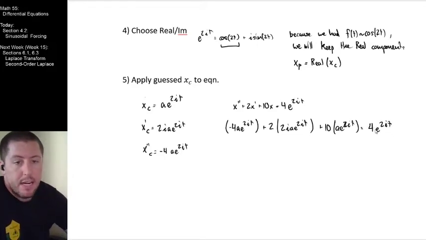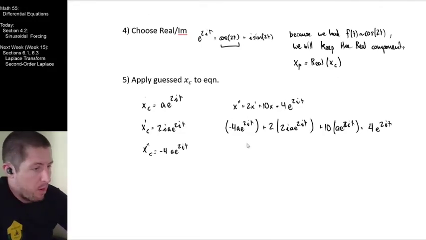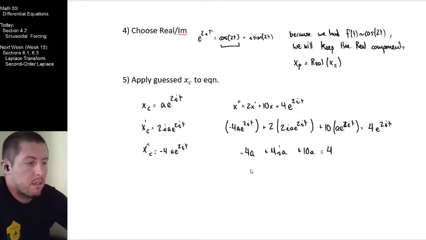I'm immediately recognizing there's an e to the 2it in every single term, so I'm just going to divide that away, and I should be left with negative 4a plus 4ia plus 10a equals 4. It looks to me like that's 6a plus 4ia equals 4, or 3a plus 2ia equals 2.